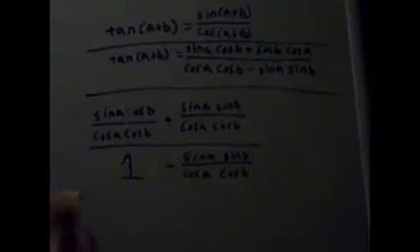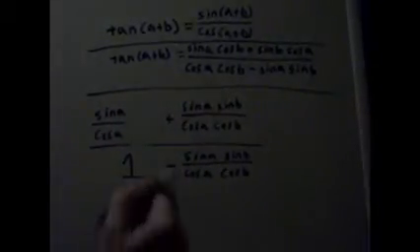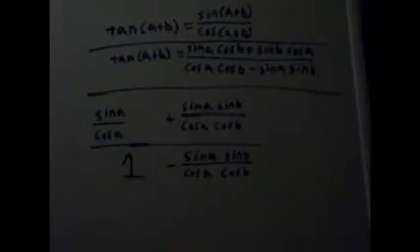Hang on, you're going to love it. It's going to become a lot simpler. All that's going to disappear. So now you have sine A divided by cosine A. And that's all you got.